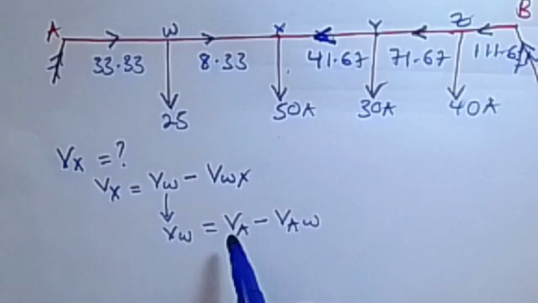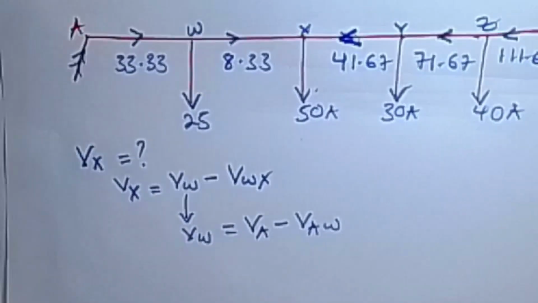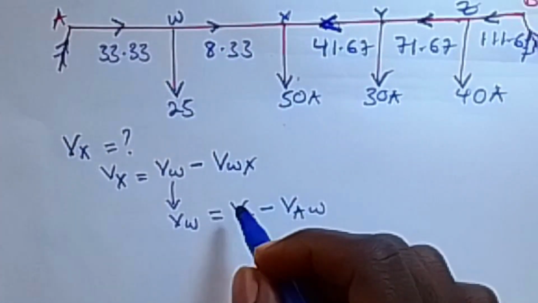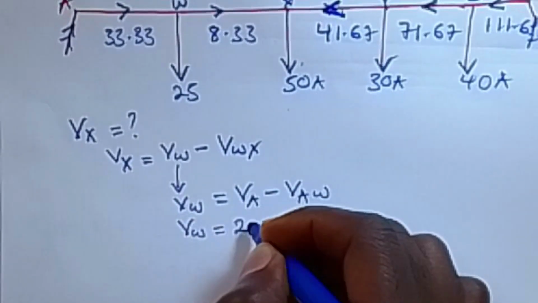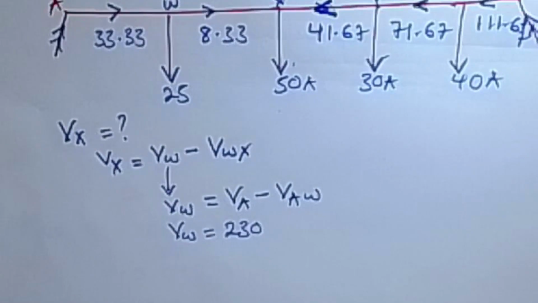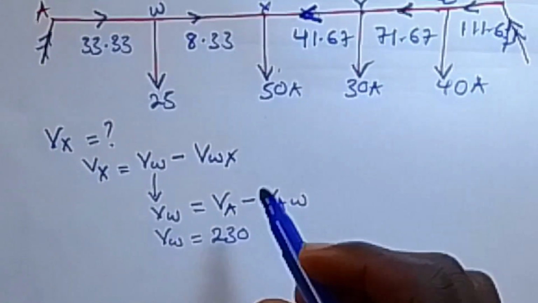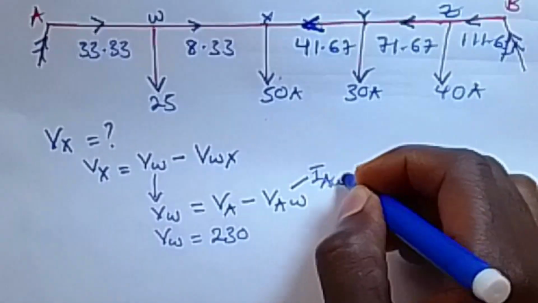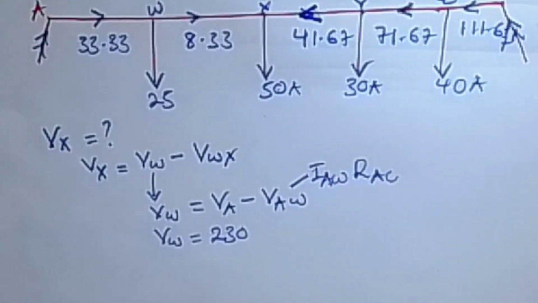To get VW, we have been provided with the voltage at point A, which is 230 volts. Now the voltage drop between A and W is simply the current flowing through that section times the resistance in that section.